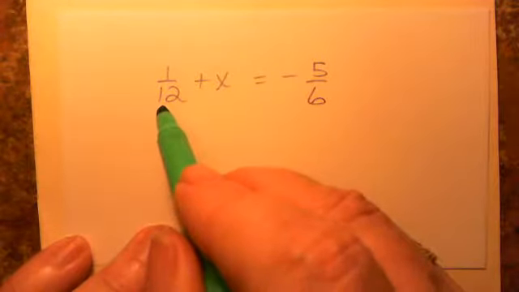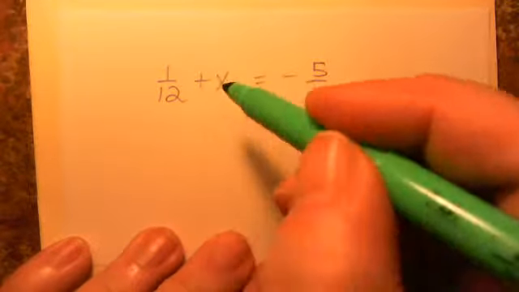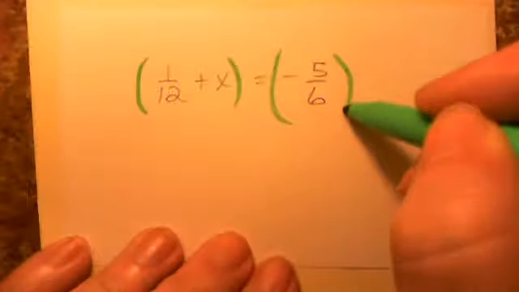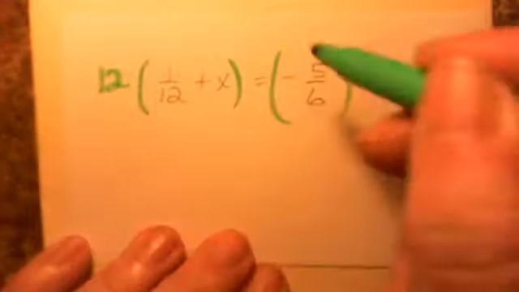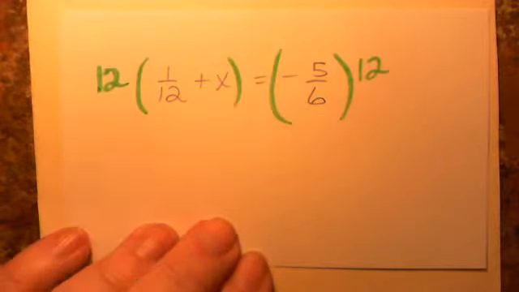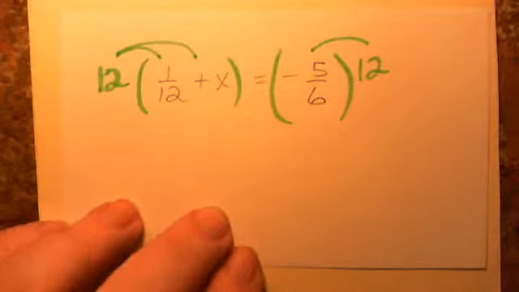So we look and we see two denominators, 12 and 6, and the common denominator for those two fractions would be 12. So what we do is we multiply both sides of the equation by the number 12. On the left we have two terms now to distribute the 12, and on the right just one.